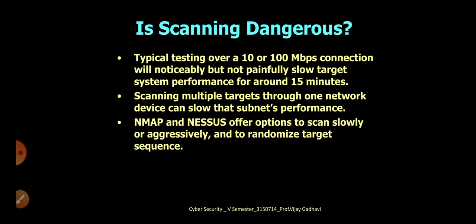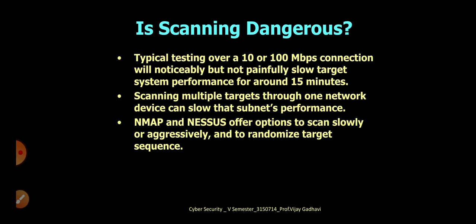Typical testing over a 10 or 100 Mbps connection will noticeably but not painfully slow target system performance for around 50 minutes. Scanning multiple targets through one network device can slow that subnet's performance.